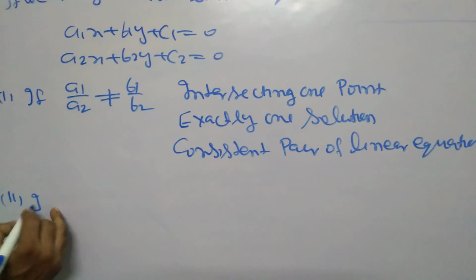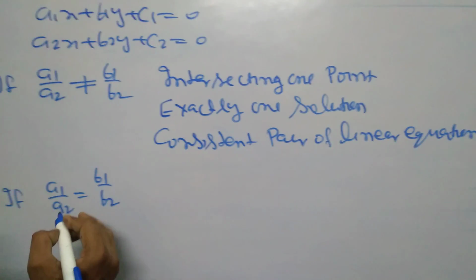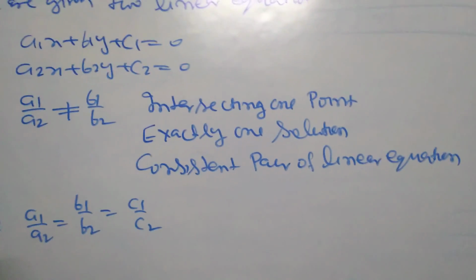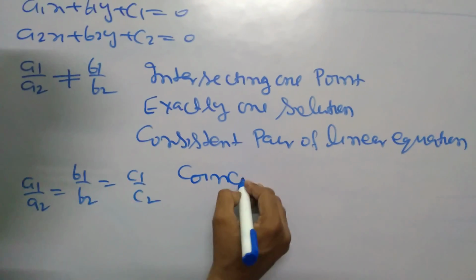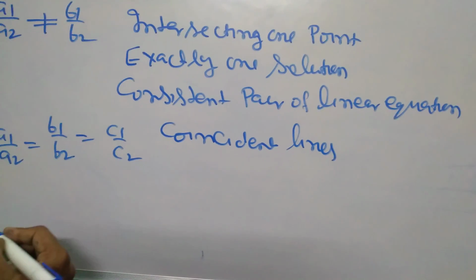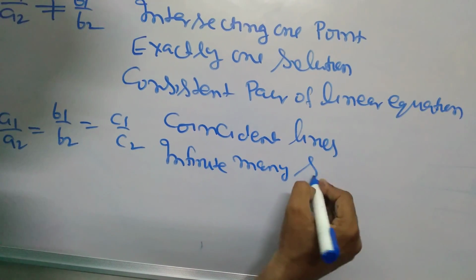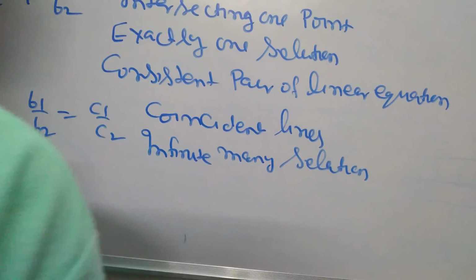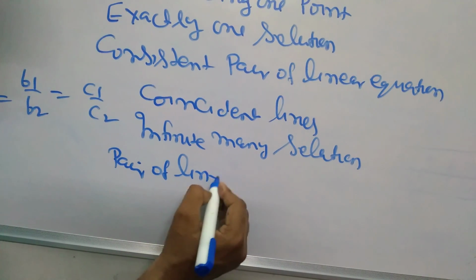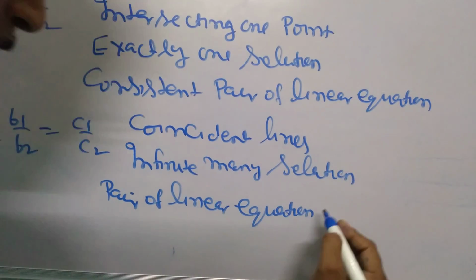Condition second, if a1 upon a2 is equal to b1 upon b2 is equal to c1 upon c2, the lines are coincident, infinite solutions. Consistent.